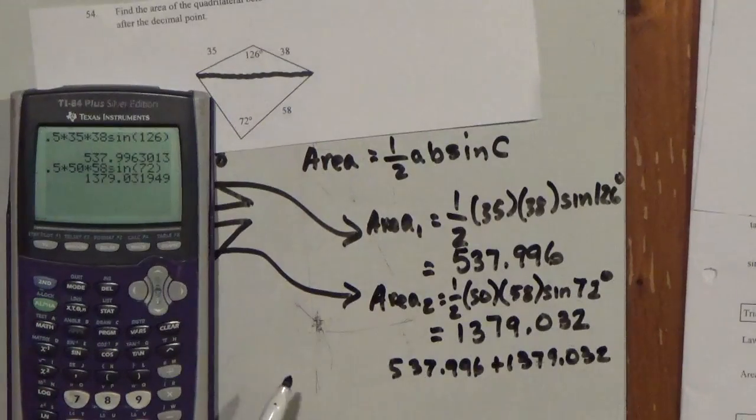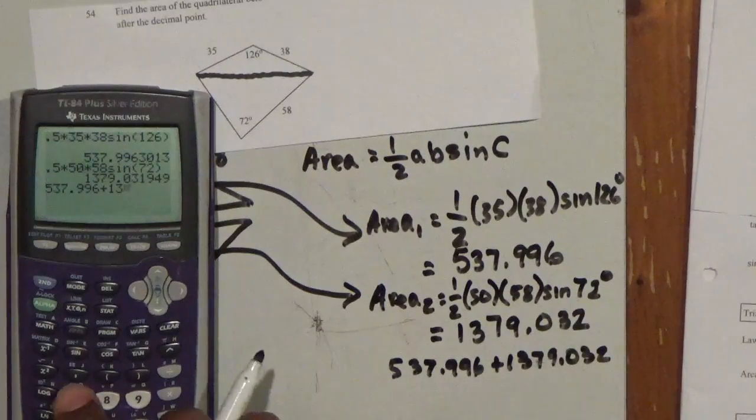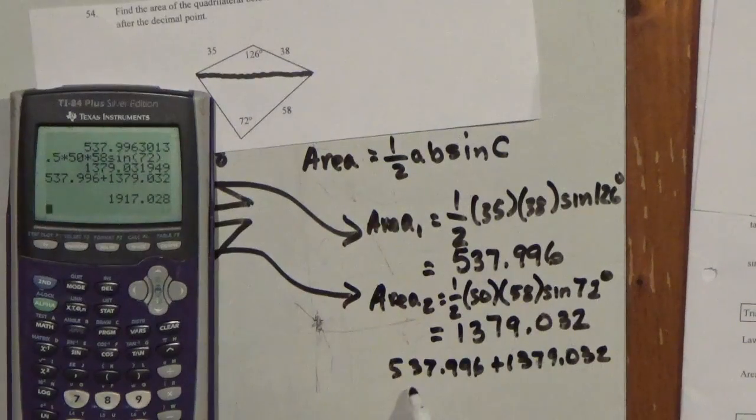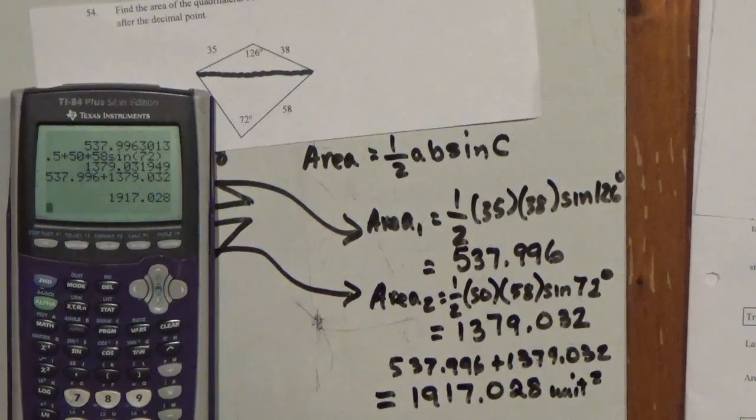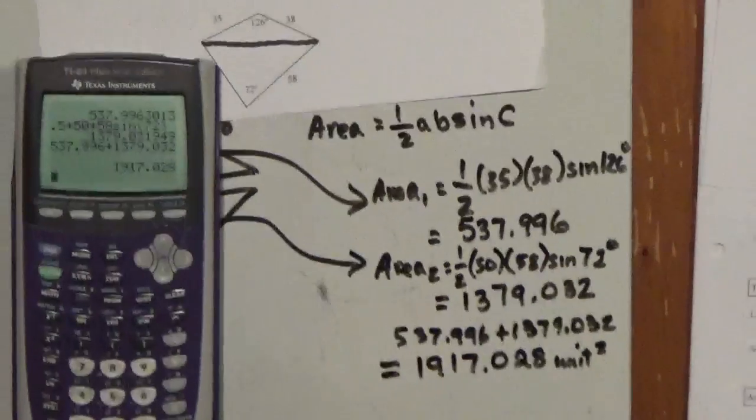That's going to give us the total area, and the total area for this problem is 1,917.028. I don't know if they want units square, but there you go. And that's it.